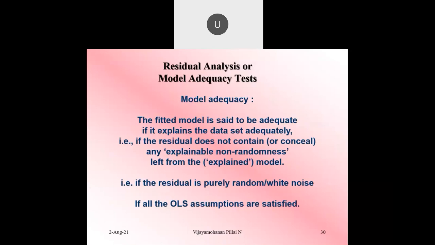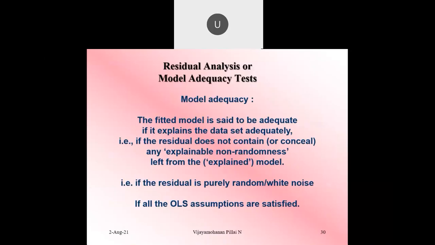We have already seen the error term u is said to be a spherical error. Similarly, the residual that we get as the estimate of that error term must be purely random, a spherical one. It should not contain any information at all, so that the estimated model contains every possible piece of information from the dataset.